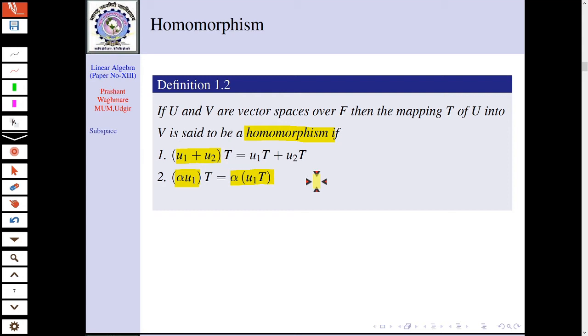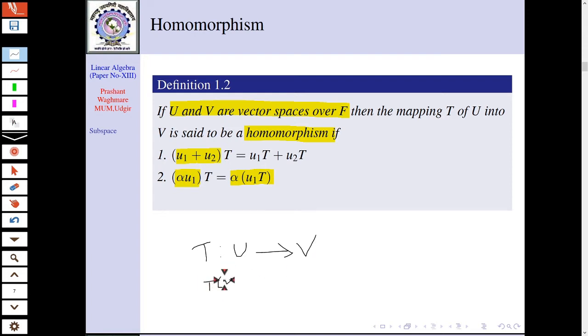If we define a zero mapping from any vector space to any other vector space, but the condition is that both of the vector spaces must be over the same field, right? That means suppose I have defined T as a mapping from U to V, and I have defined that mapping to be the zero mapping.